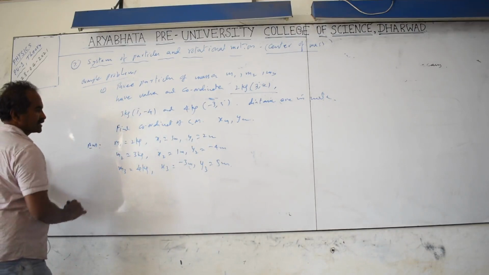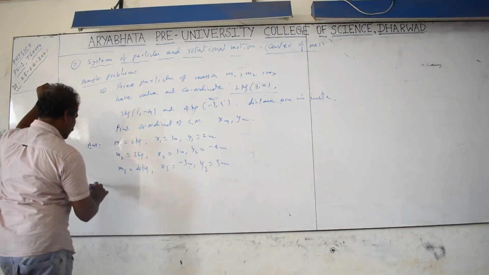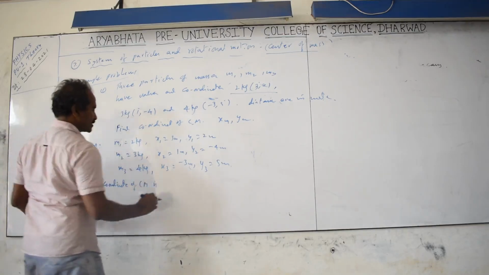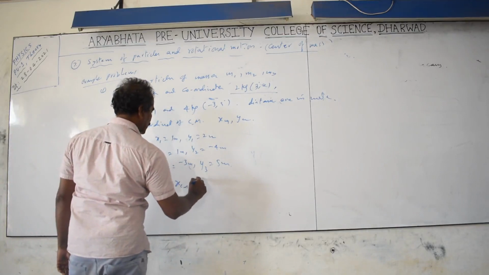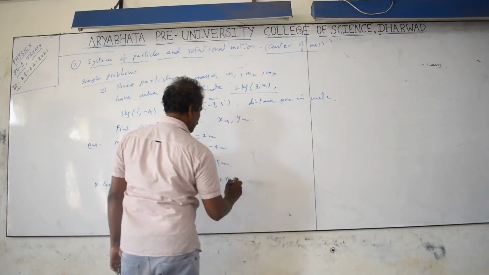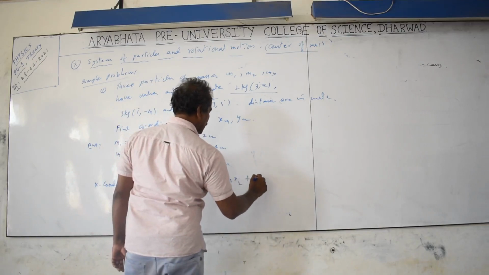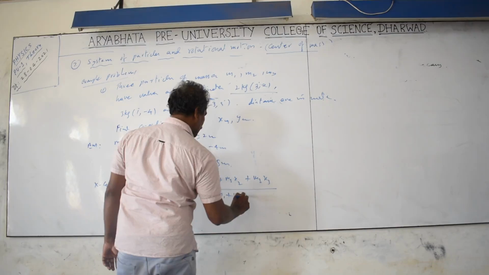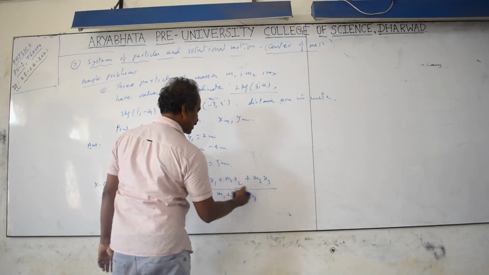So if you want to calculate the x coordinate of the center of mass, xcm equals m1 x1 plus m2 x2 plus m3 x3 by m1 plus m2 plus m3. 3 particles are there, so 3 masses you have to take.